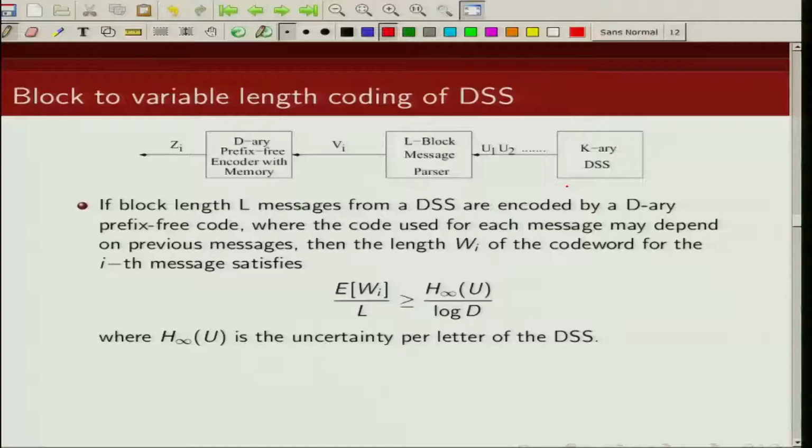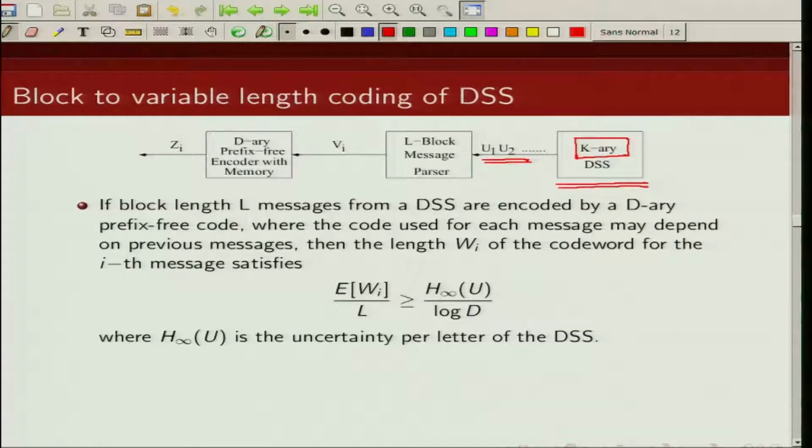So the problem statement is as follows. We have a discrete stationary source. This is a k-ary source, so it emits k possible outcomes. So these Uis are coming from this discrete stationary source.